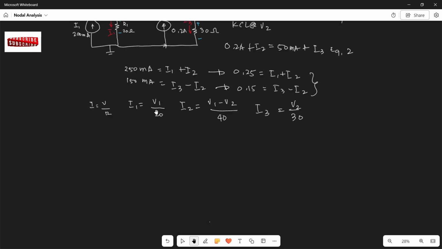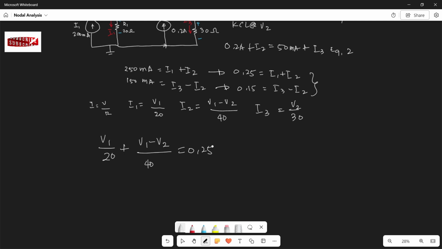Substituting these values of I1, I2, and I3 into the two equations, this becomes V1 divided by 20 plus I2, which is (V1 minus V2) divided by 40, is equal to 0.25.